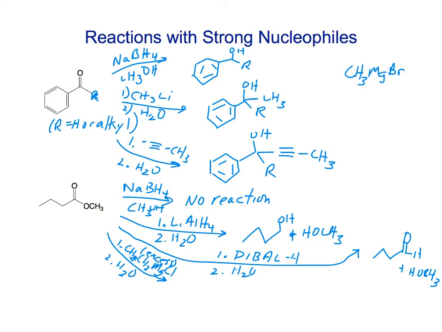Then what do we get? Tertiary alcohol. Right, because it adds once, eliminates methoxide to give a ketone, and then the ketone reacts again. So this gives a tertiary alcohol.